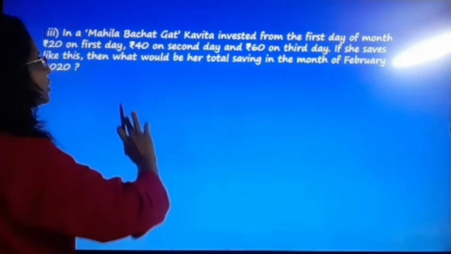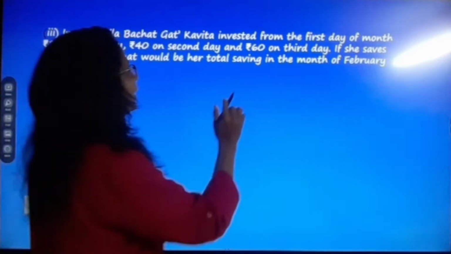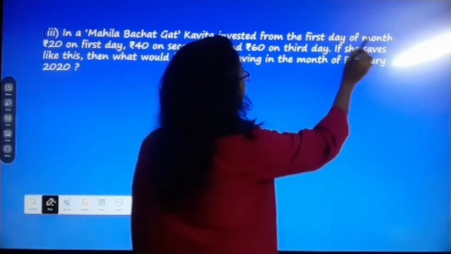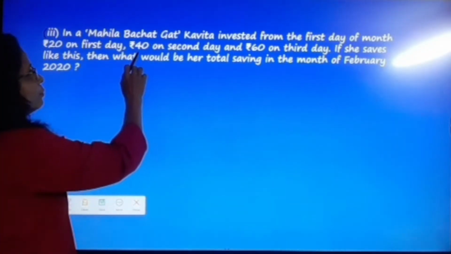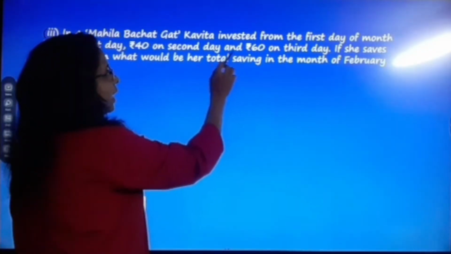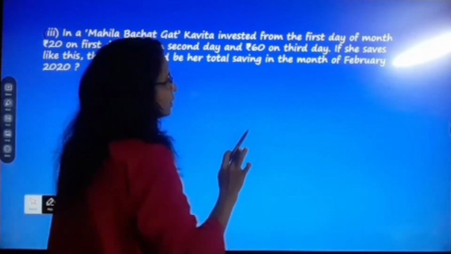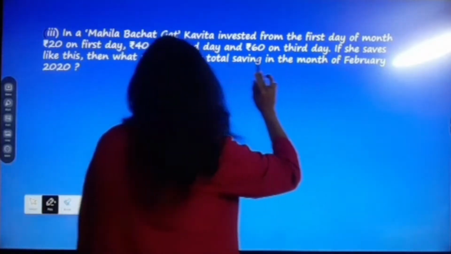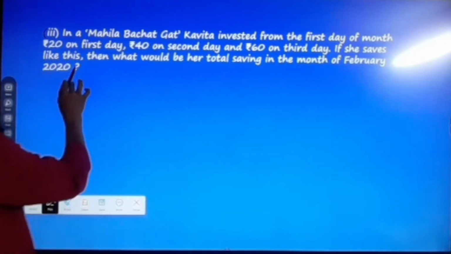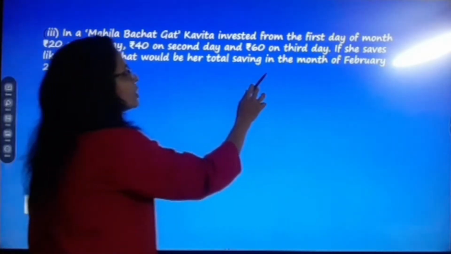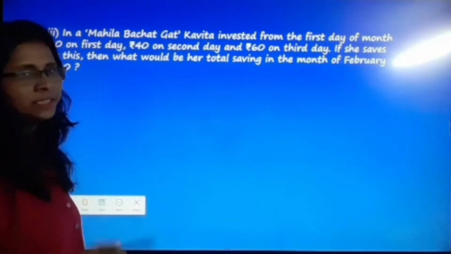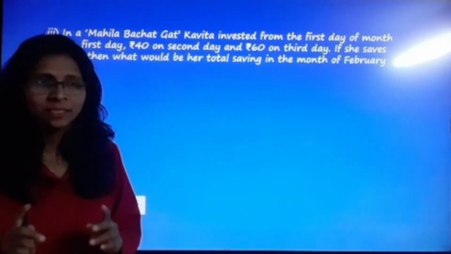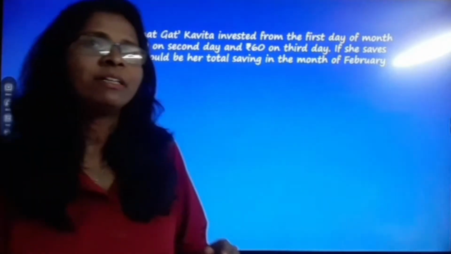In a Mahila Bachat Gat, Kavita invested from the first day of month rupees 20 on first day, rupees 40 on second day, and rupees 60 on third day. If she saves like this, then what would be her total saving in the month of February 2020?